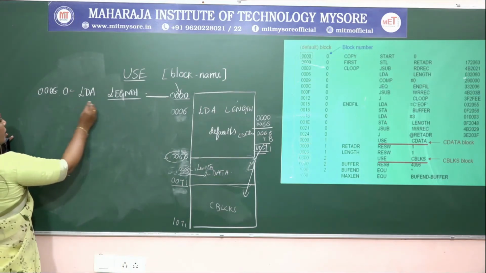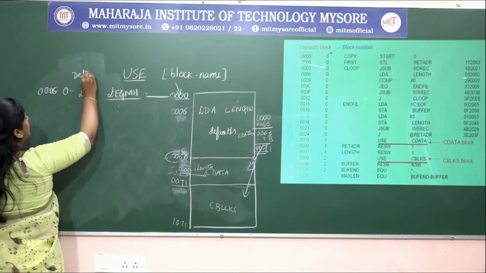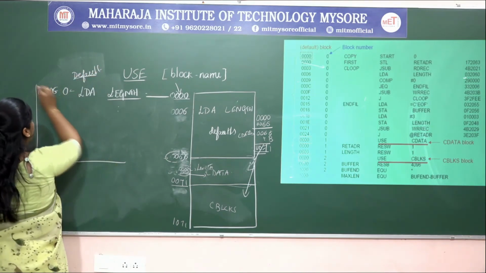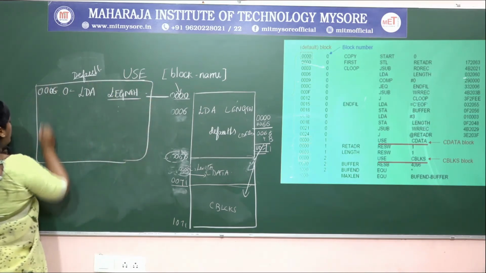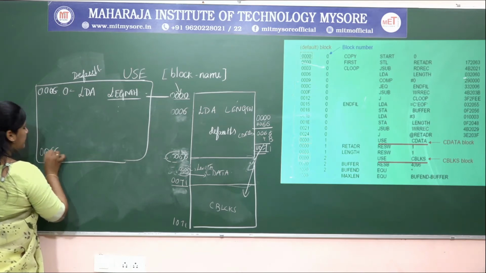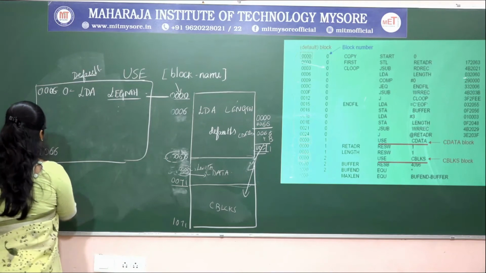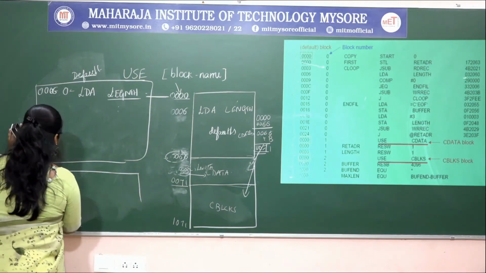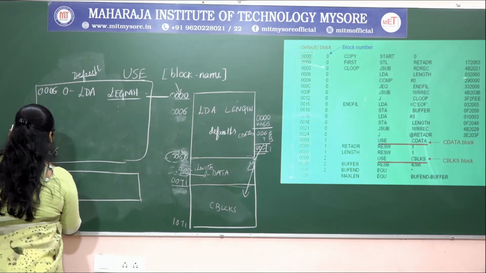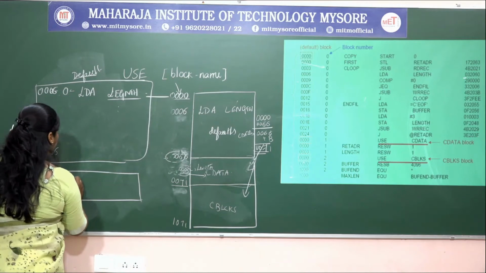So whatever length is required, it is in the C data block, whose starting address is 0066. So in the C data, the length it is seeking is at the memory location 0003.